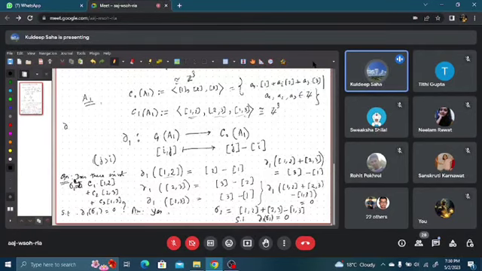You will write delta 1 of c1 (1, 2) plus c2 (2, 3) and so on equal to 0, and if you solve it then you will get only this solution. So it is a unique solution c1, c2, c3. So therefore what we have found out here, but I need to go to the next page.